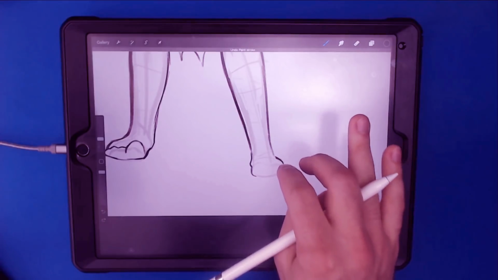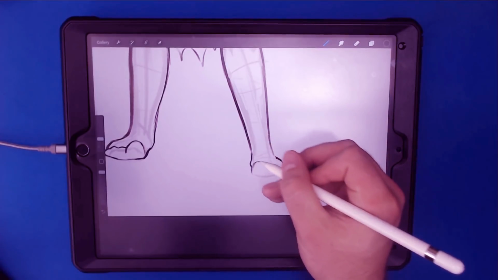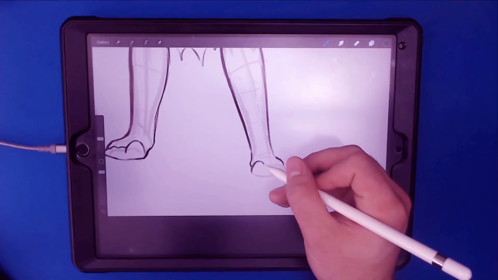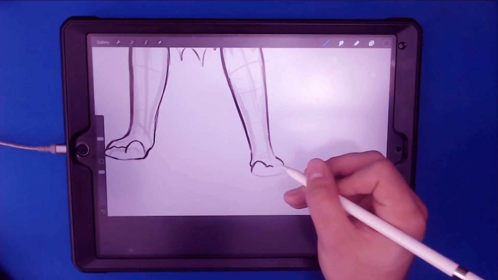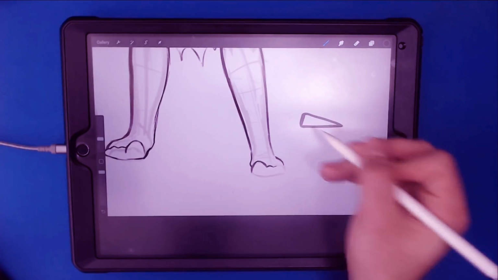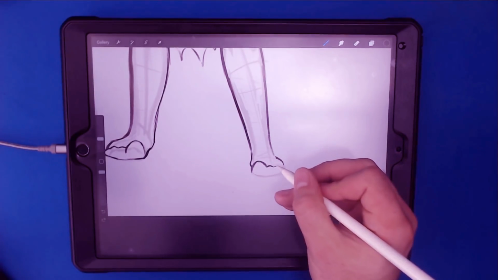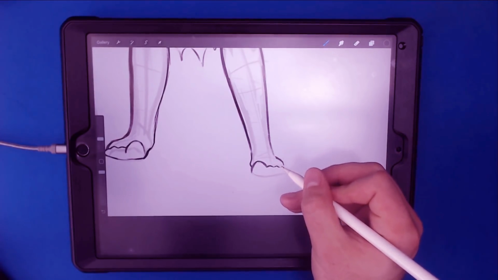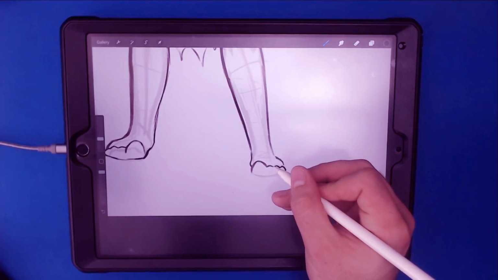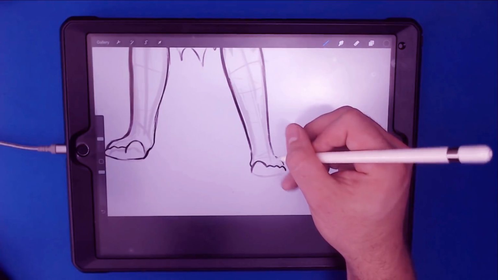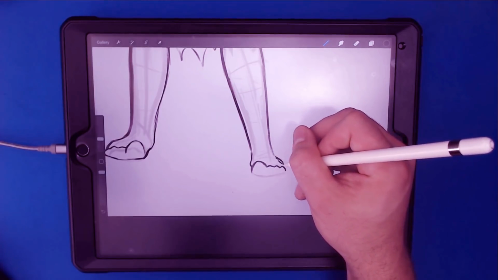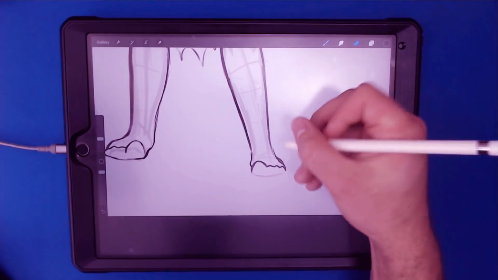I'm going to take it easy on that curve of the big toe. Try and match the other side to a certain extent. The toes kind of ramp down that way, so if you give each toe the opportunity to bend down on its own, this part of the foot is more like this.